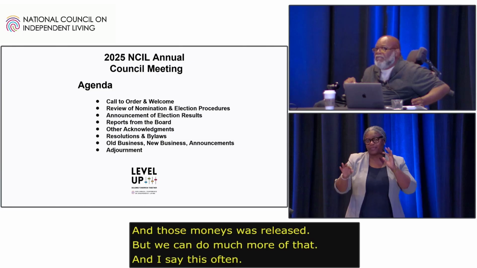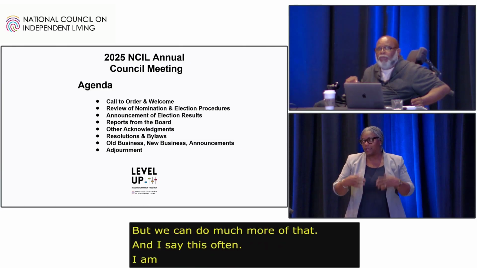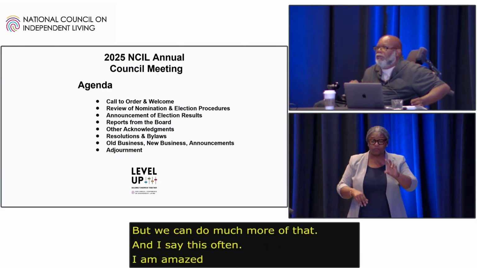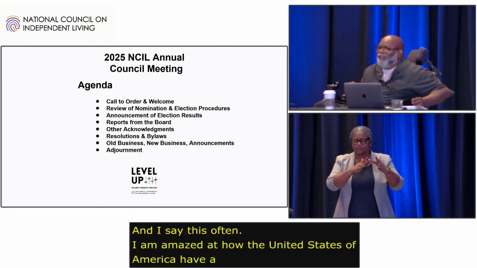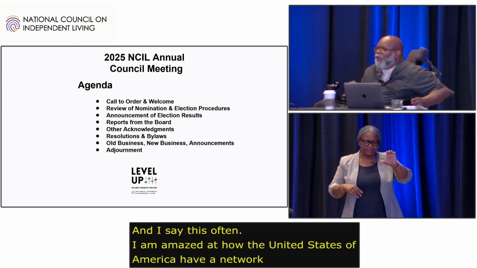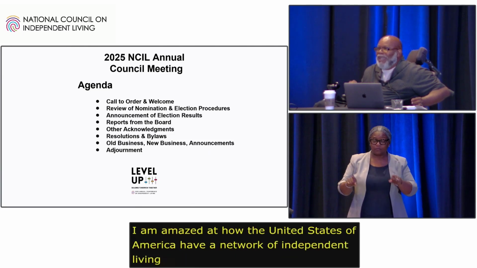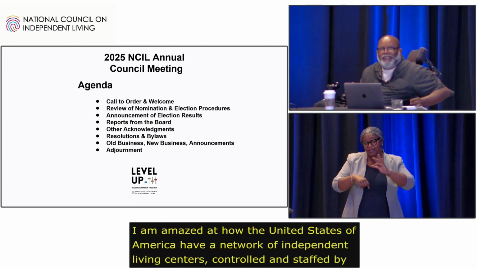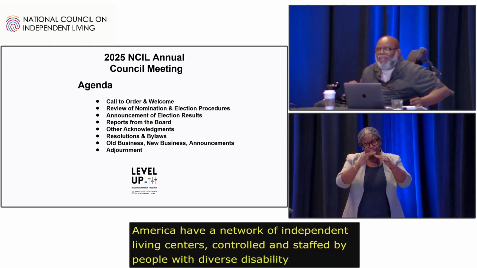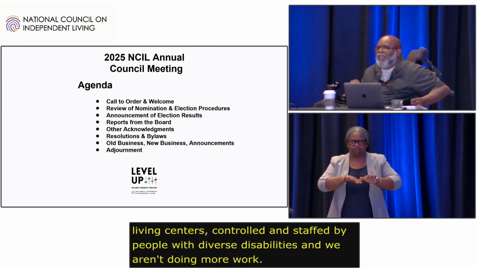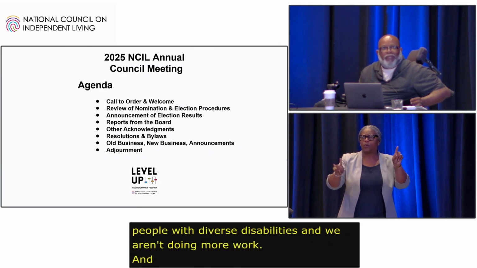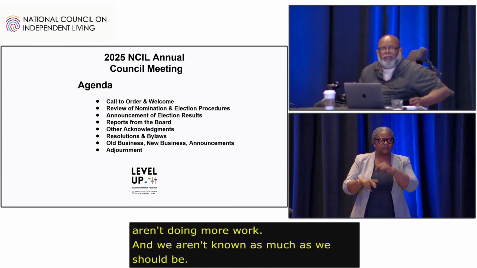I am amazed at how the United States of America has a network of independent living centers controlled and staffed by people with diverse disabilities, and we're not doing more work. And we're not known as much as we should be. Let's not continue to make that happen.